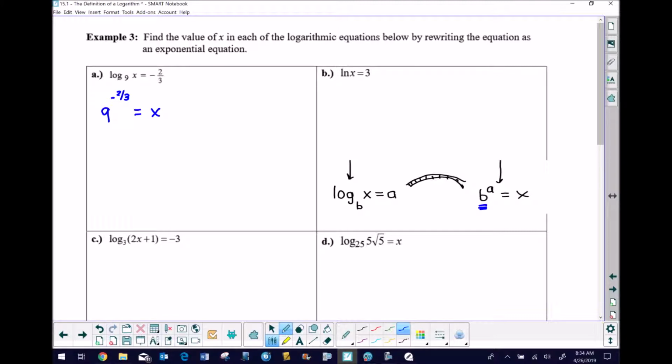And if we want to continue with this, the negative exponent just means that we could rewrite this by placing the base into the denominator. And this does not have a pretty answer because we have the cube root of 9 squared in the denominator, which could be thought of as the cube root of 81, is equal to x. And we could leave it like that. I don't have a big problem with that.